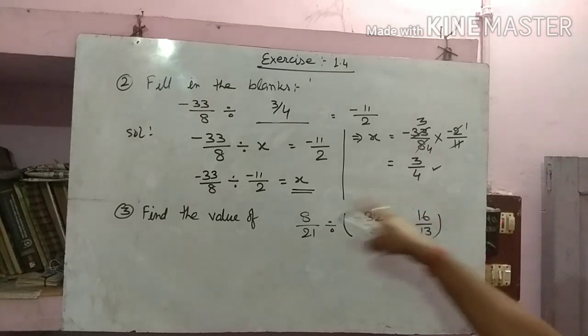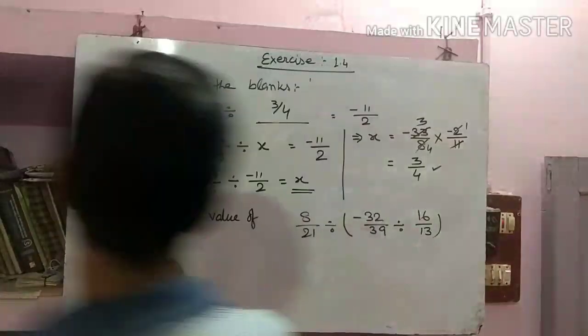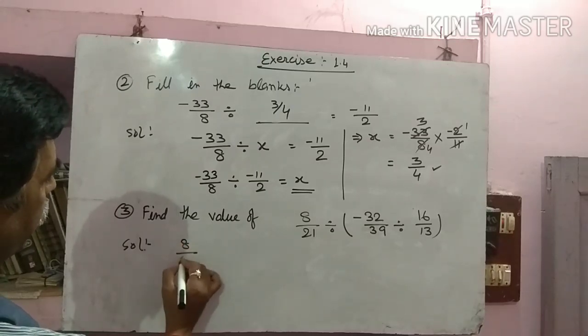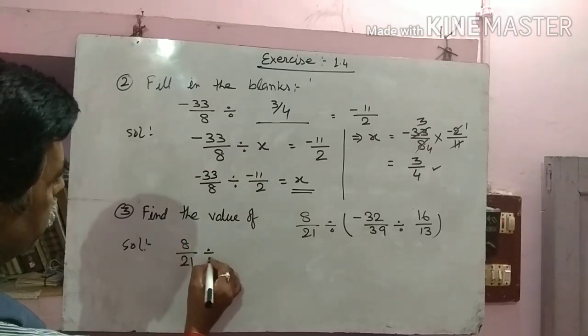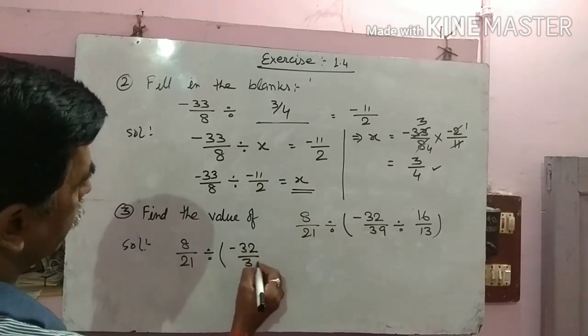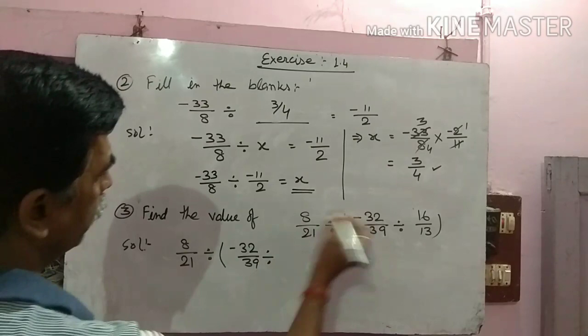Okay, similarly find the value of this one. To solve this type of question, just write 8 by 21, sign of division, minus 32 by 39 divided by 16 by 13. I am just copying the question from here.